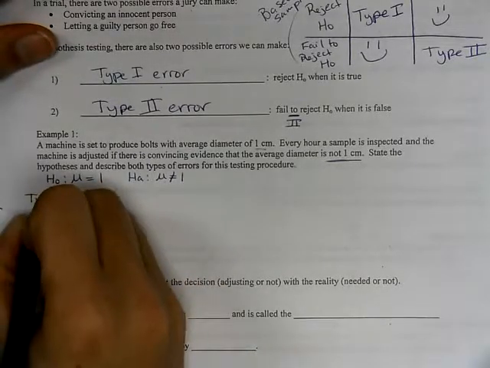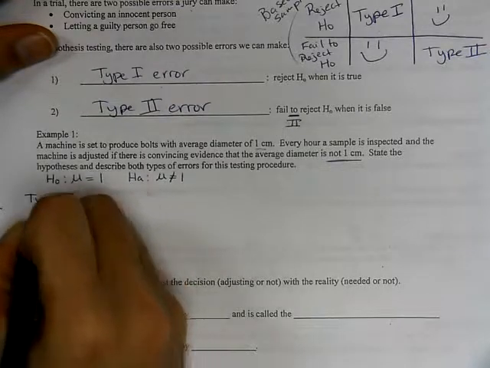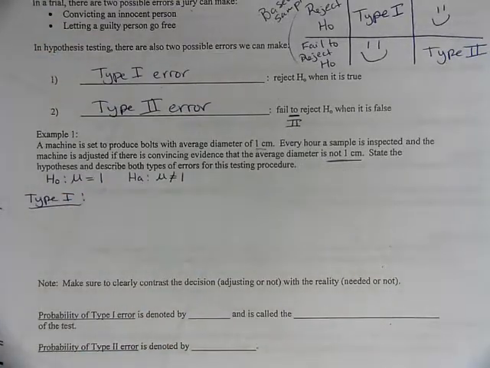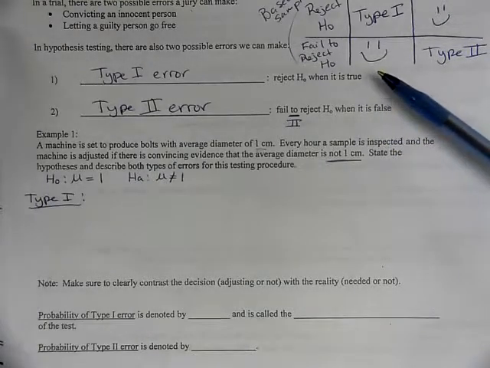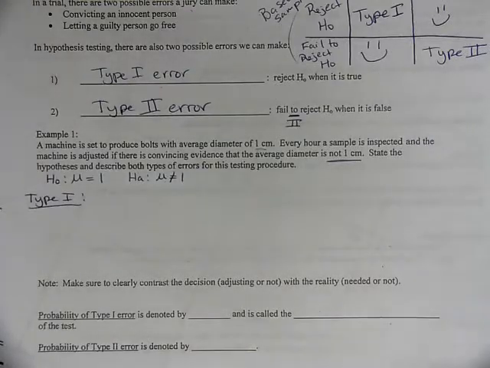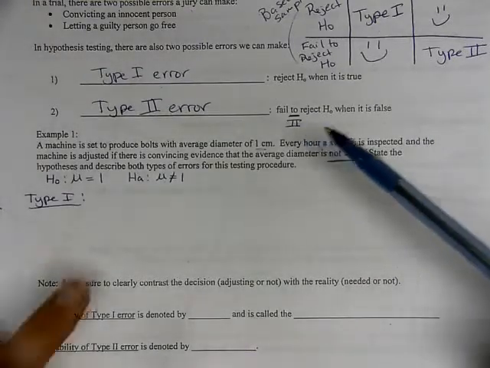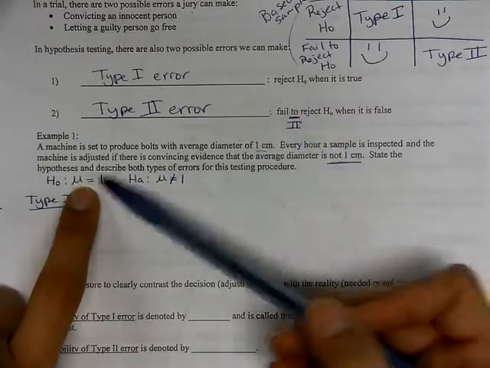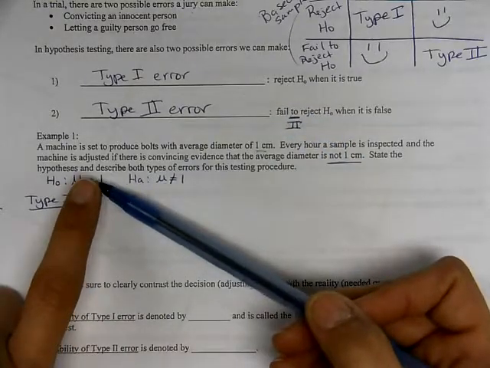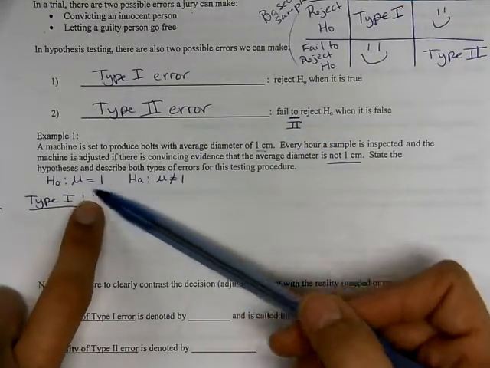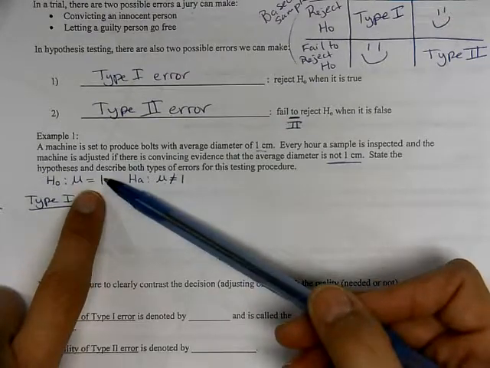So for type 1 error, and for some reason, maybe it's just me, this is always really tough for me to think about. I have to read the sentence out loud to myself, then think about what it means in the context of the problem. So type 1 error is rejecting the null hypothesis when it's actually true. So we're rejecting this, but it's actually true.